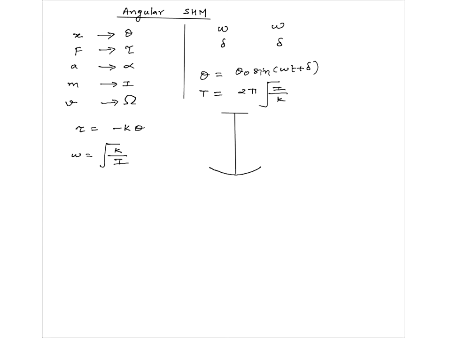Then comes potential energy, half kx square in linear SHM, half k theta square in angular SHM. Kinetic energy, half mv square in linear SHM, half I omega square in angular SHM. But which omega? Angular velocity omega.